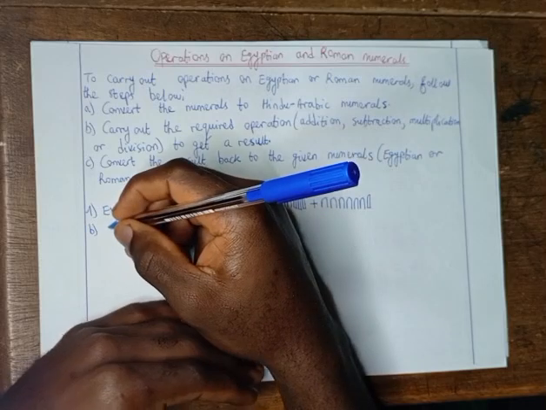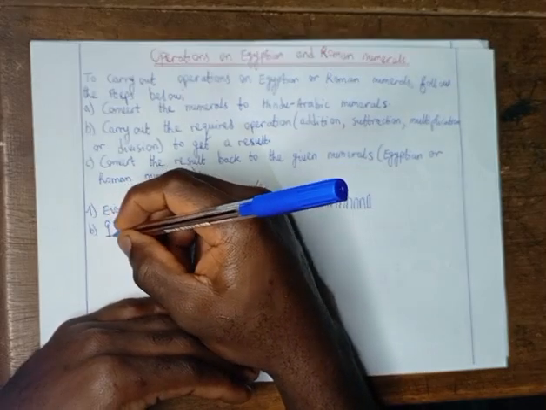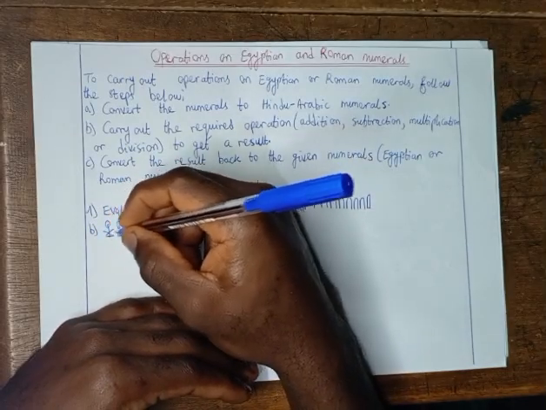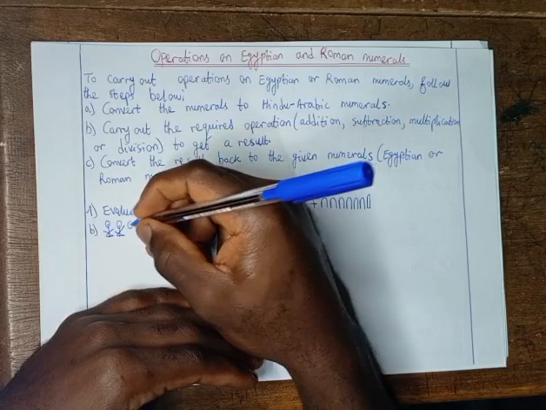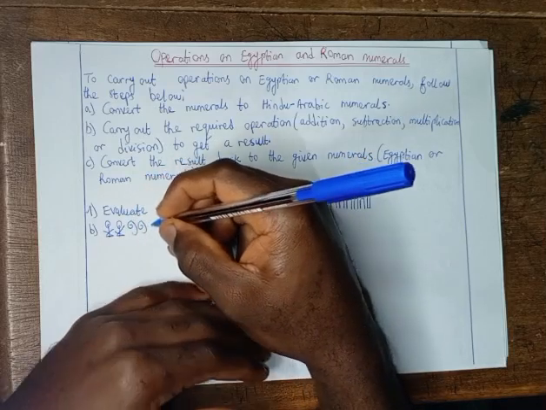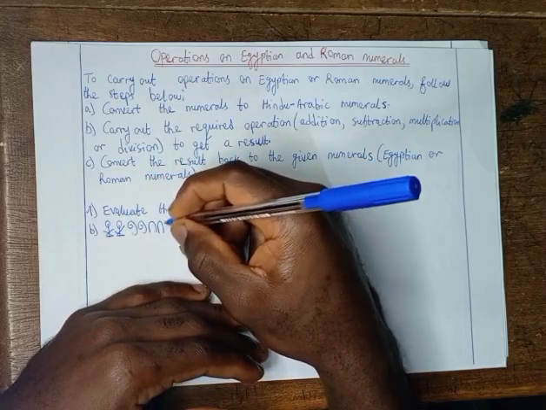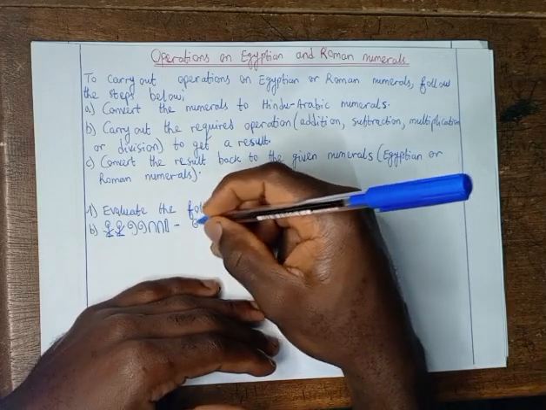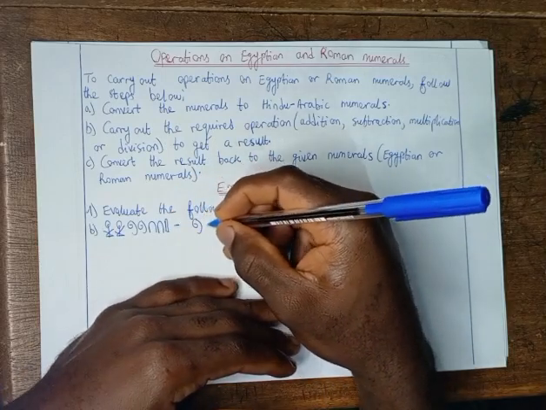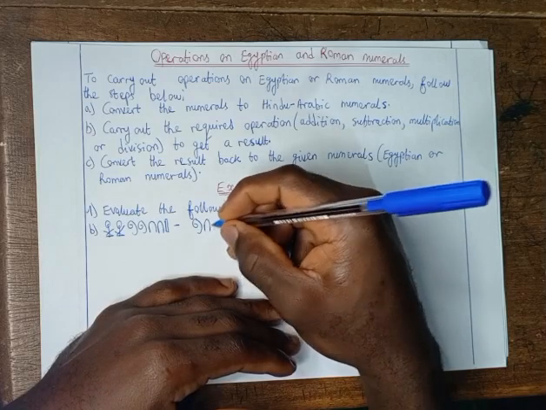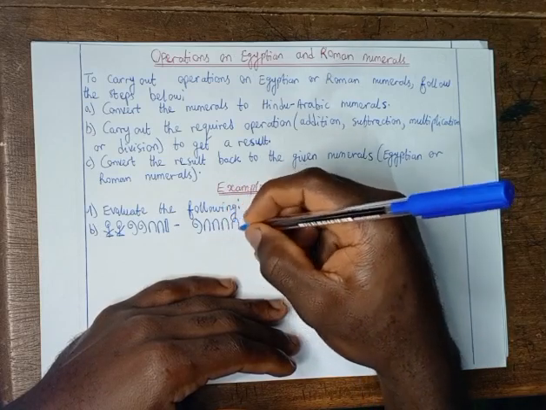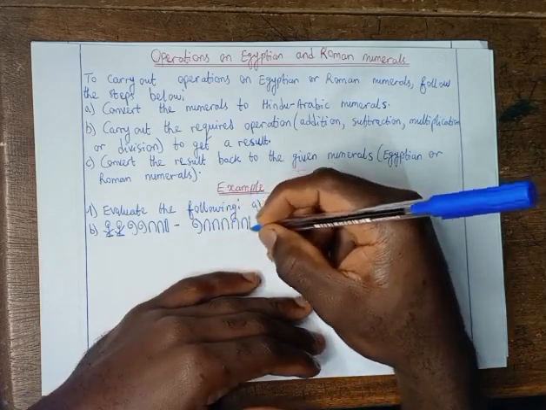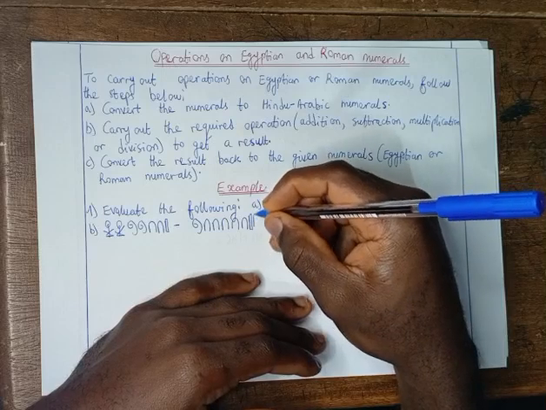Question B, we have 2 lotus flowers, 2 spirals, 2 elbows, a straight finger, minus a spiral with 5 elbows and 2 straight fingers.